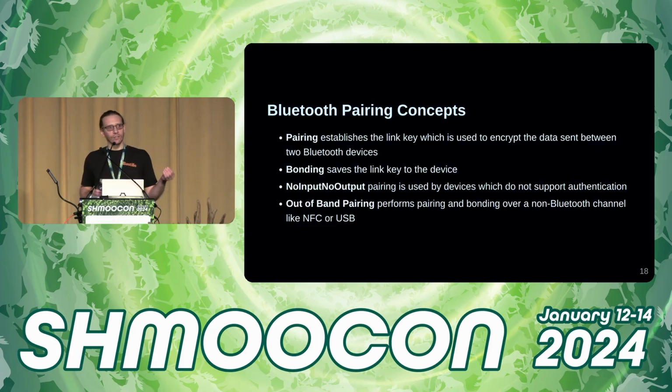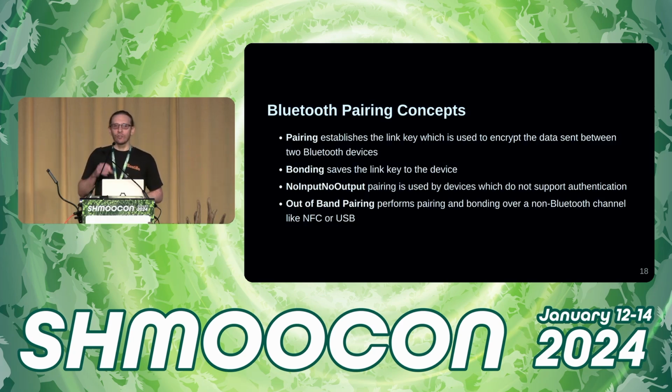And while devices are performing pairing over Bluetooth, the devices advertise what they call a pairing capability. And this states what type of authentication the device supports. And so that might be numeric comparison, where you have the host and the peripheral each displaying a number on their screen, and then the user has to say these numbers are the same. You have passkey entry, where you have a number displayed on one device.